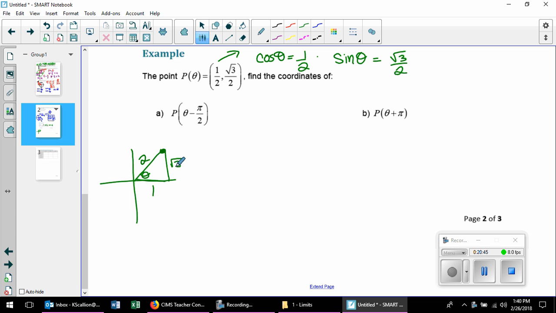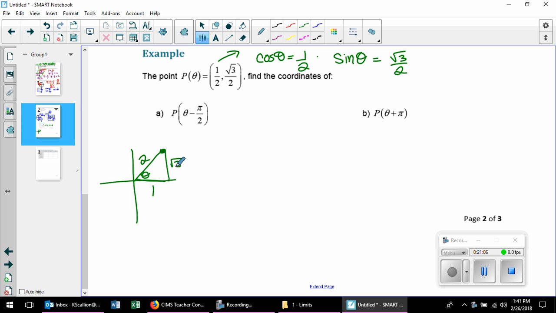Okay, so now if my angle's there, what am I doing to it? Theta subtract pi over 2. What am I doing? I'm moving it 90 degrees.